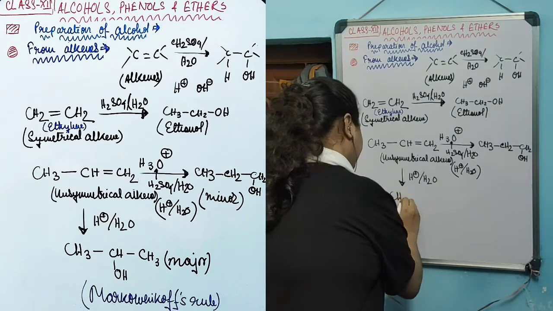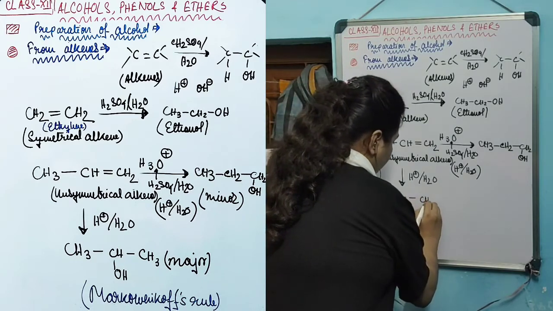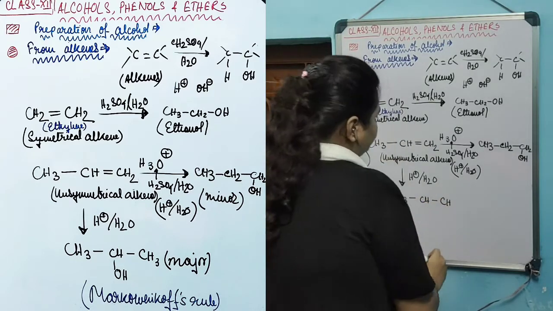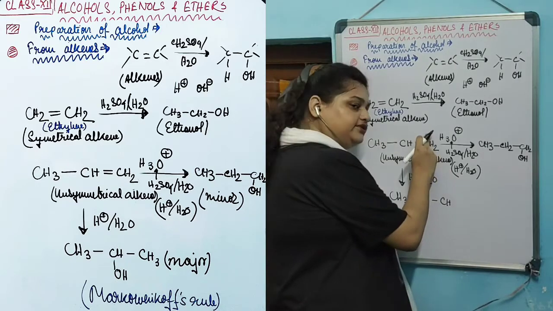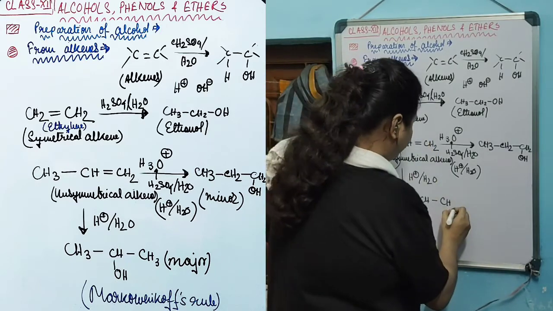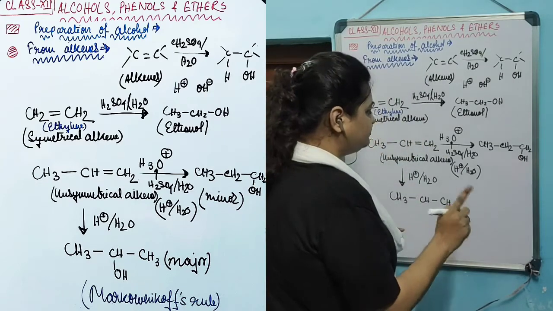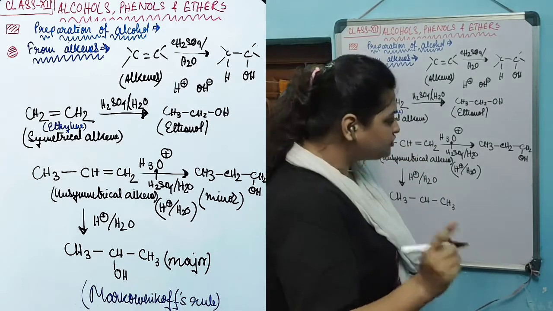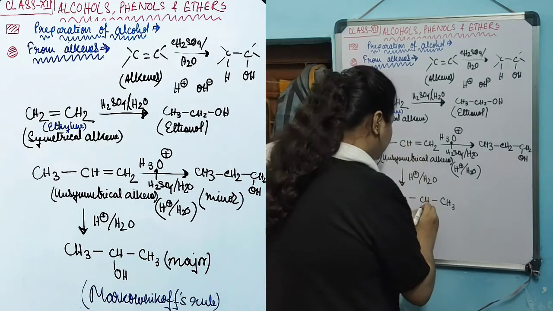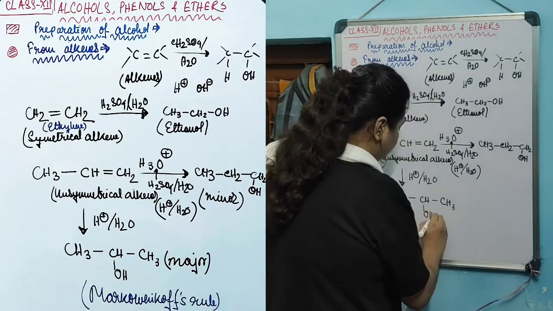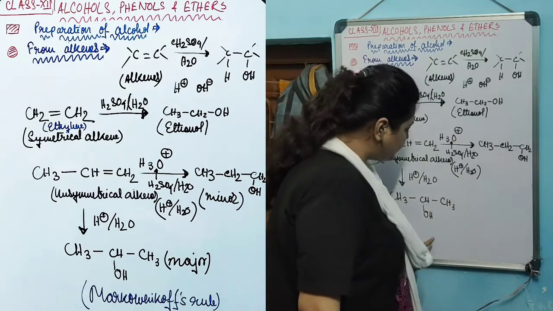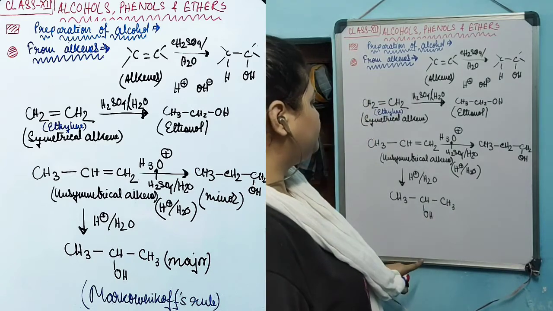That is, the hydrogen will add on the terminal carbon, making it CH3 from CH2, and the OH group will add on the middle carbon, making the group CH3CHOHCH3, isopropyl alcohol.